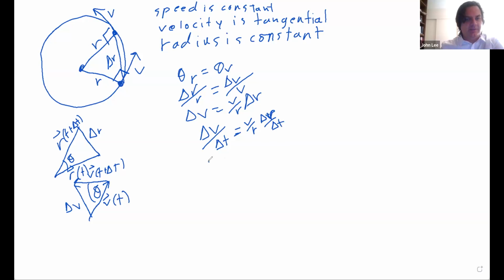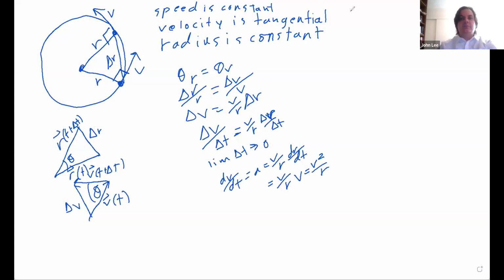So as the limit of delta t goes to 0, this becomes dv/dt equals acceleration equals v over r times dr/dt equals v over r times v equals v squared over r.